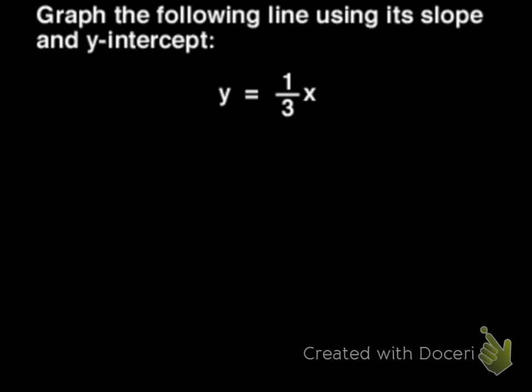Graph the following using its slope-intercept form. So this is a little tricky. So y equals mx plus b. So what is b if we have nothing here?